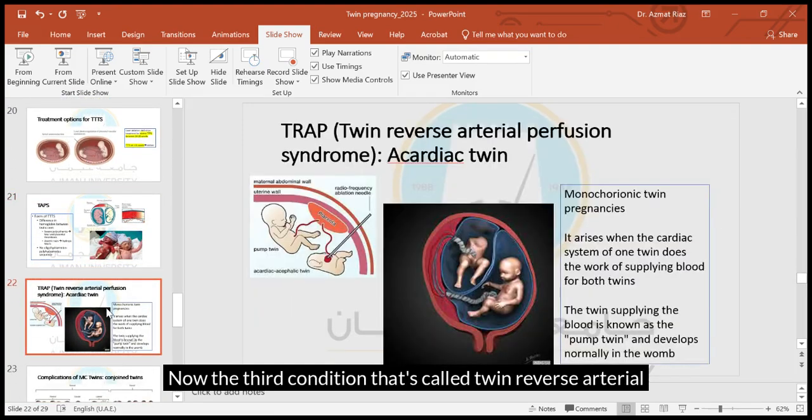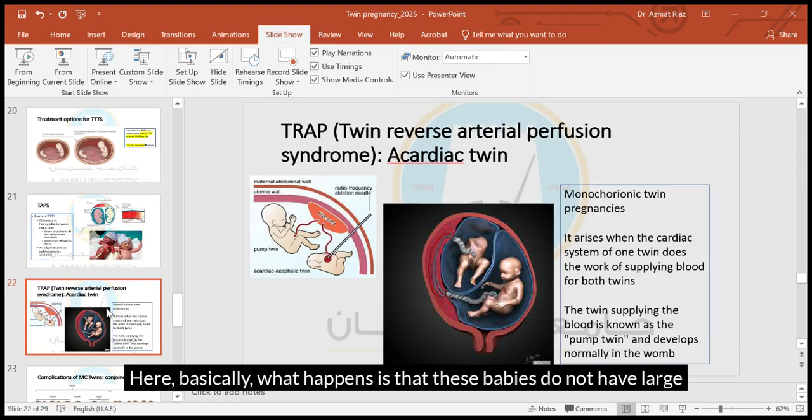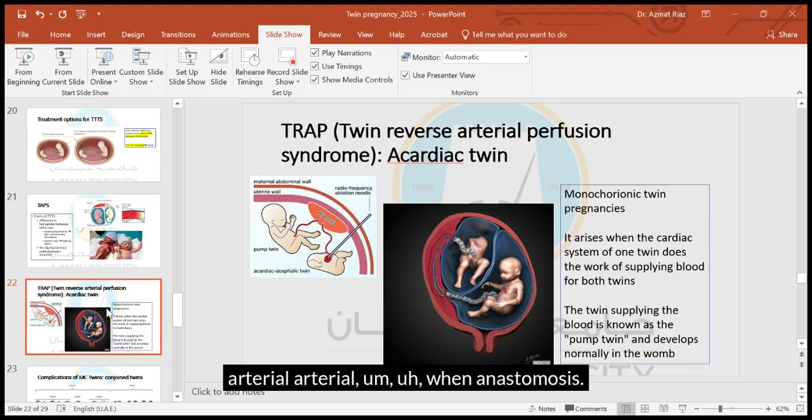Now, the third condition is called twin reverse arterial perfusion syndrome, or TRAP, or acardiac twin. Here, these babies do not have large arterial anastomoses. Instead, they have very few and small arteriovenous anastomoses.